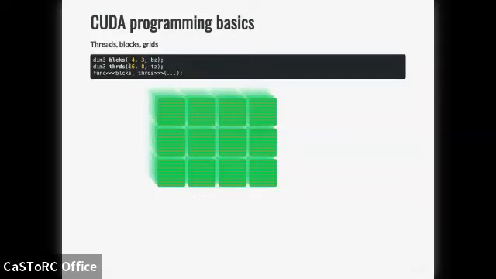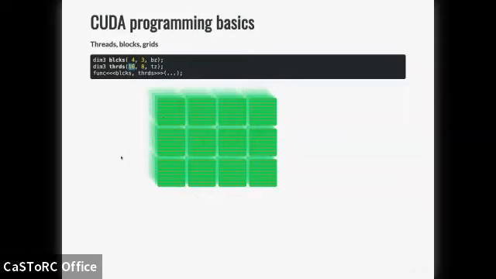And in terms of threads, each block will have 16 by 8 threads. So if I just look at one block, there's 16 little orange dots in the horizontal and 8 dots in the vertical.